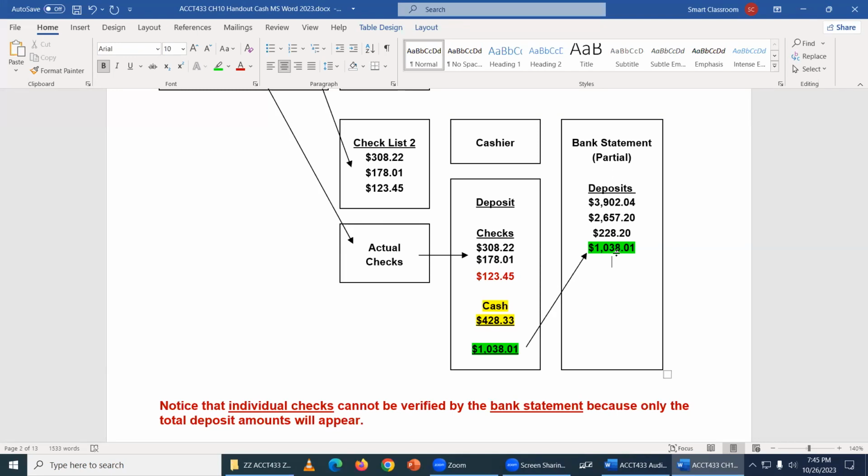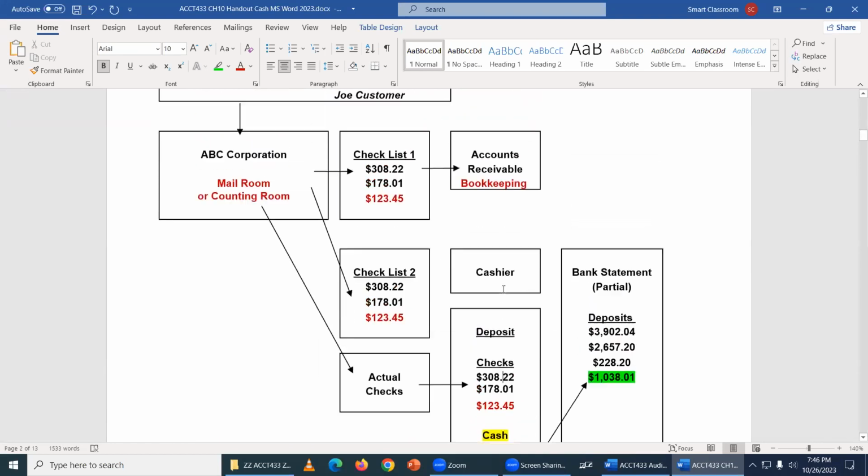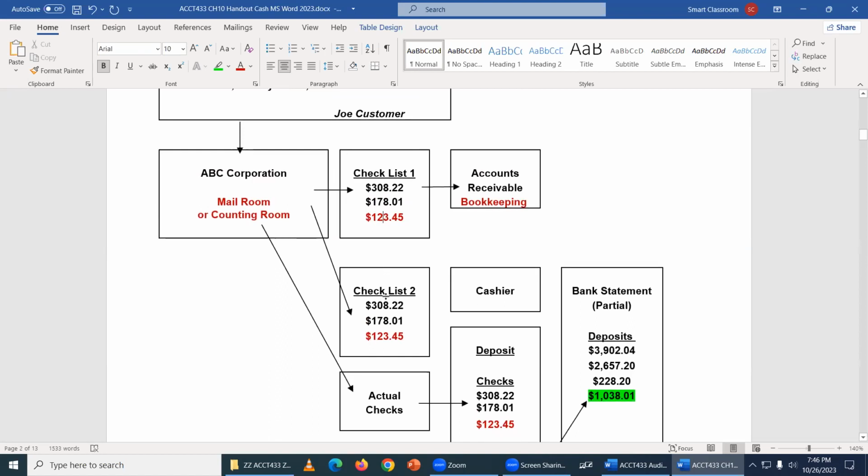What would you have to look at? The checklist and deposit slip. Yep, these two. You could look to see if someone's sending the check on the checklist and also the deposit slip. It should be on both, obviously.